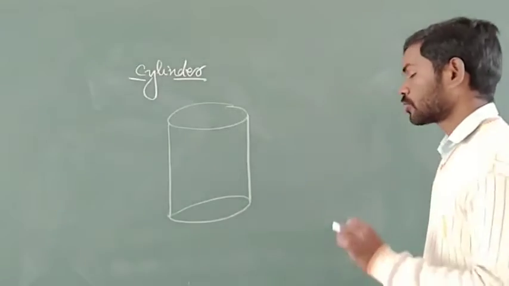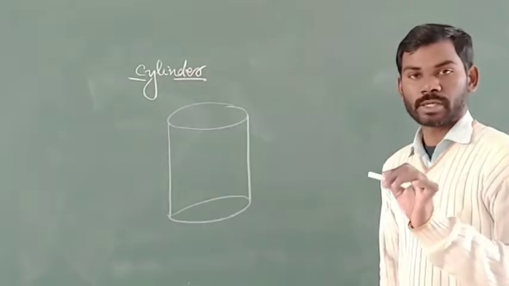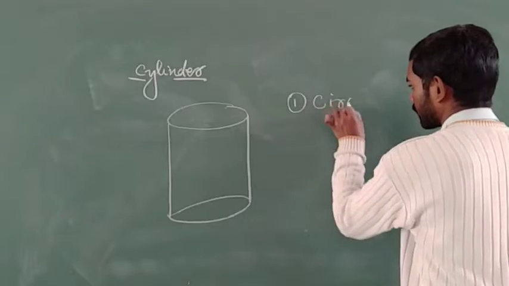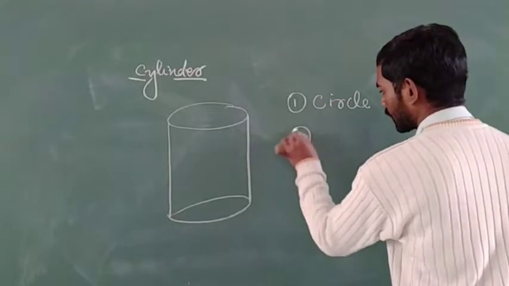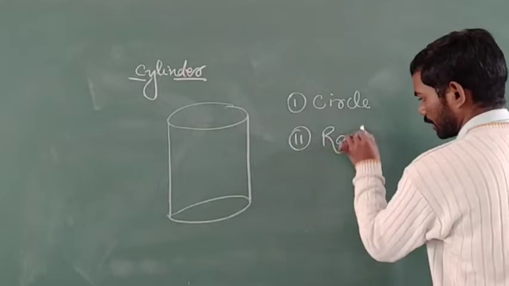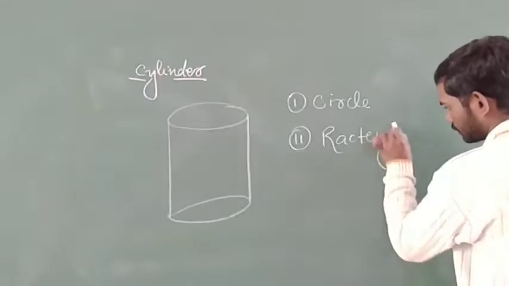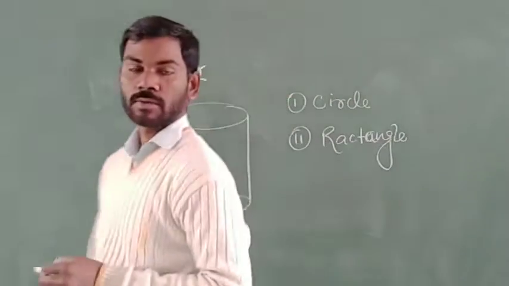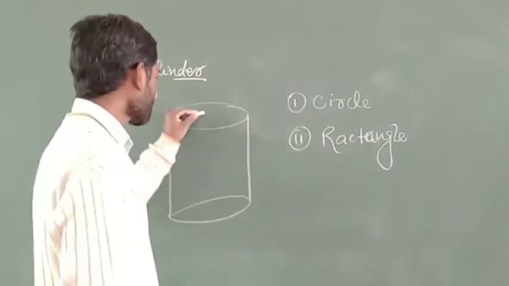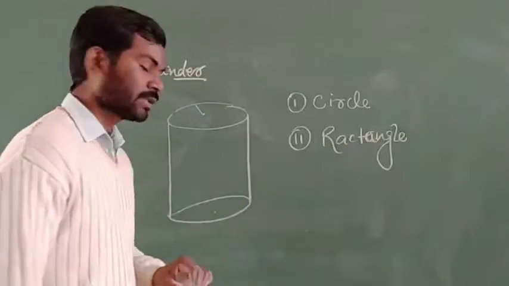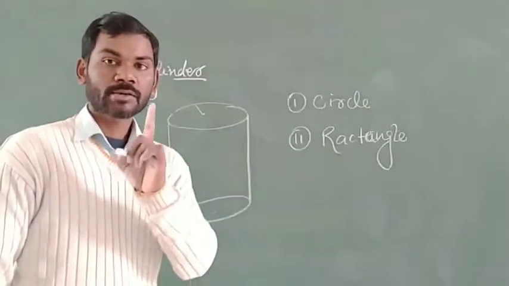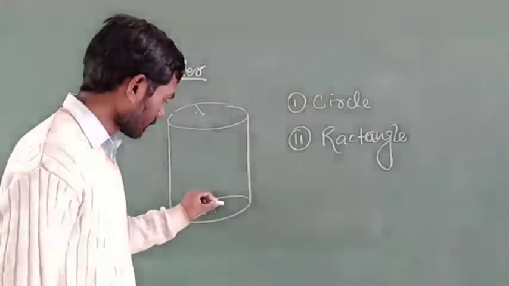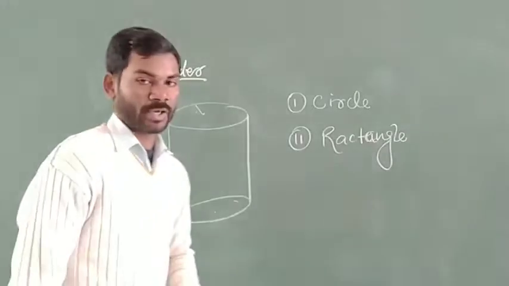It has two basic elements: the first is the circle and the second is the rectangle. How? If we see its head and base, we find that it has two circles. This is its circular part, and this is also its circular part.